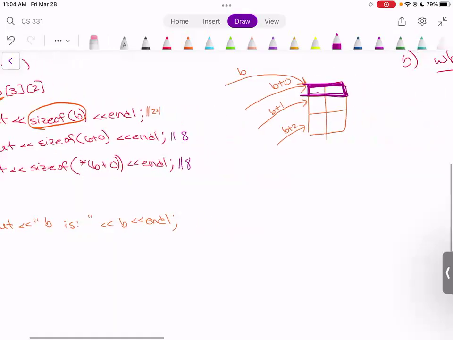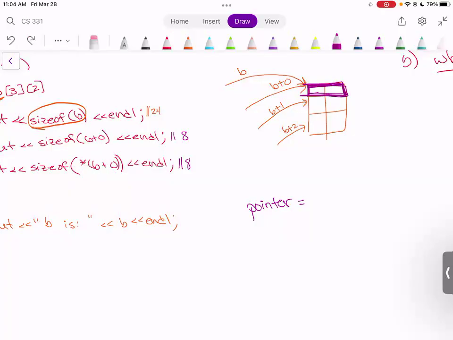What is a pointer? I have a question. When I dereference something and I put it in my compiler, it just shows an error. So how would it not be an error here? When you put that star before the B plus 0, how would that not be an error? Well, we're going to get into this question right now.